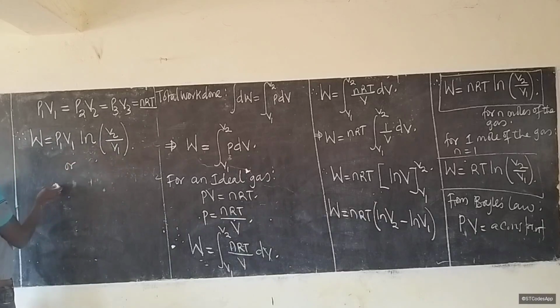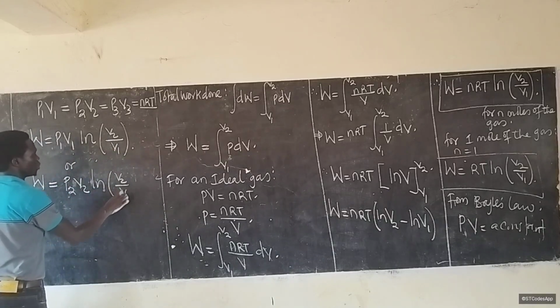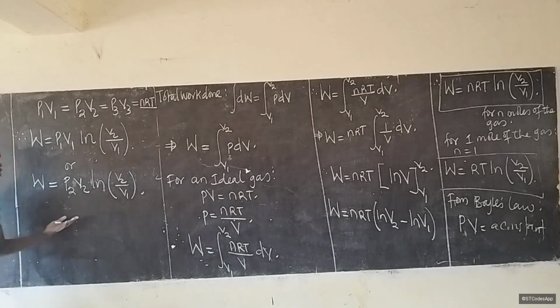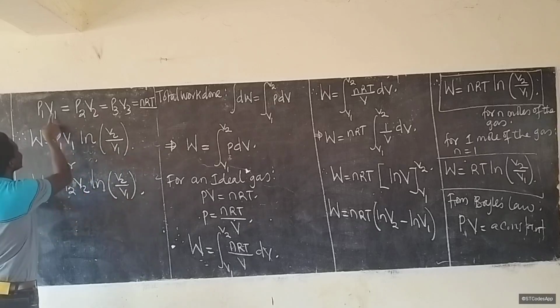Or we can even have the work done as P2 V2 ln of V2 over V1 in that case. Ideally, this can give us the work done, and this can also give us the work done, since this and this are the same.